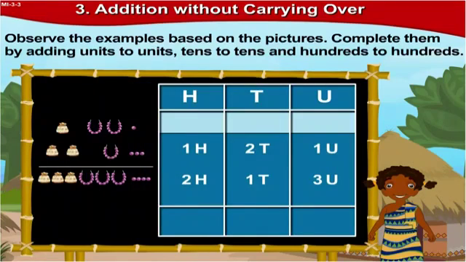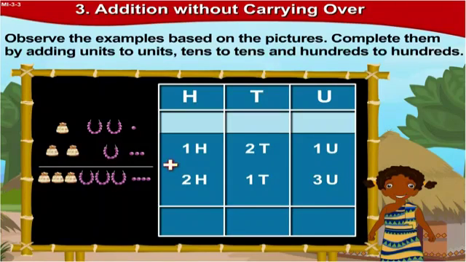It has 100, 2 tens, 1 unit, then 2 hundreds, 1 10, 3 units, and after adding they have given 3 hundreds, 3 tens, 4 units. Let us write them. It would be 100, 2 tens, 1 unit, plus 2 hundreds, 1 10, 3 units.